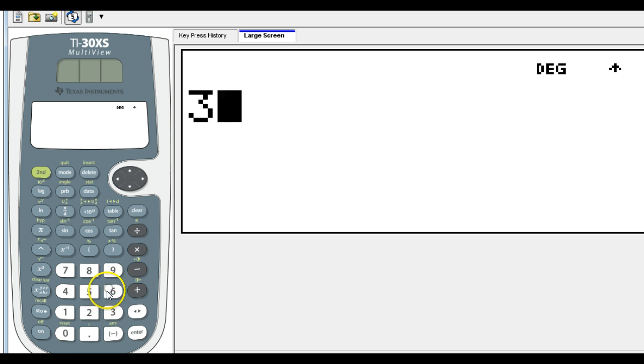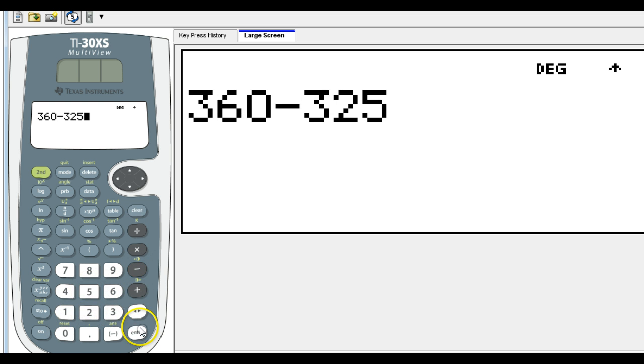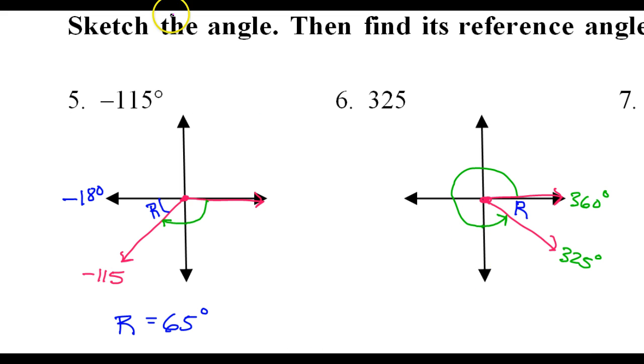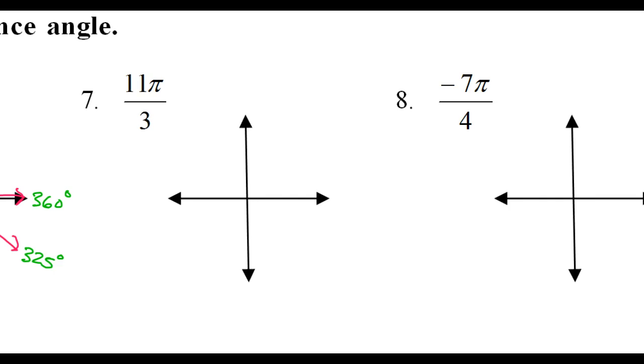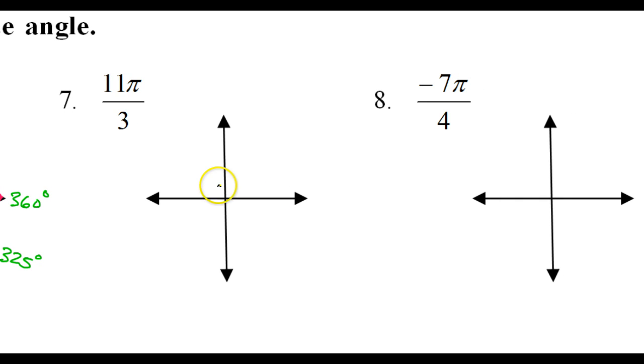Okay, you should not need a calculator for this, but just in case you need to see it, that is 35 degrees. Okay, now let's switch over to radians. And they were kind enough to give us a special angle as well, so I dig that.